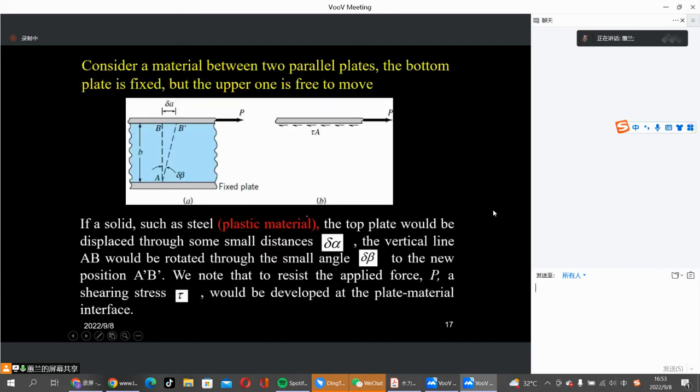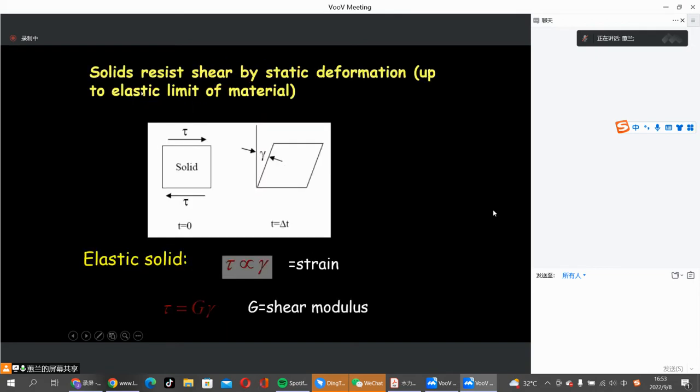We know that a solid block can resist the shear force with a fixed shear deformation. This is what we have learned before, right?